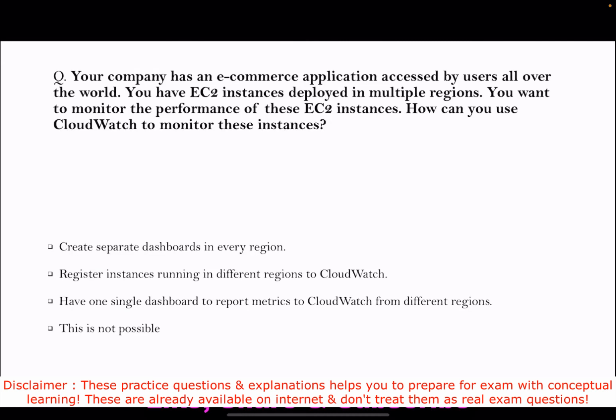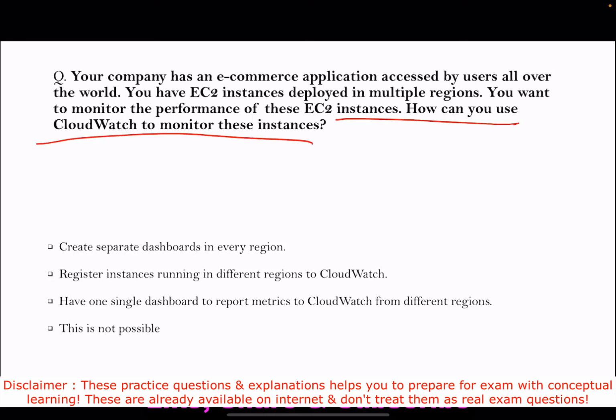Your company has an e-commerce application accessed by users all over the world. You have EC2 instances deployed in multiple regions. You want to monitor the performance of these EC2 instances. How can you use CloudWatch to monitor these instances?